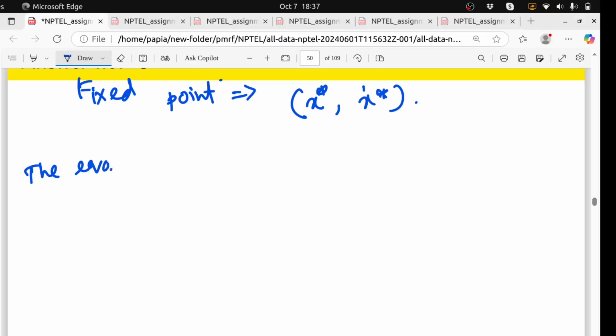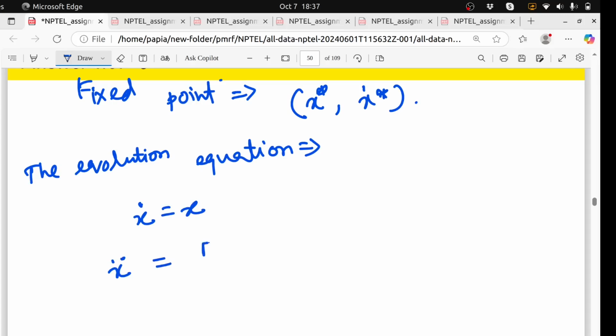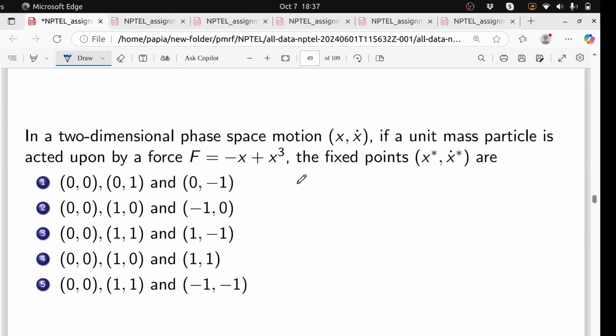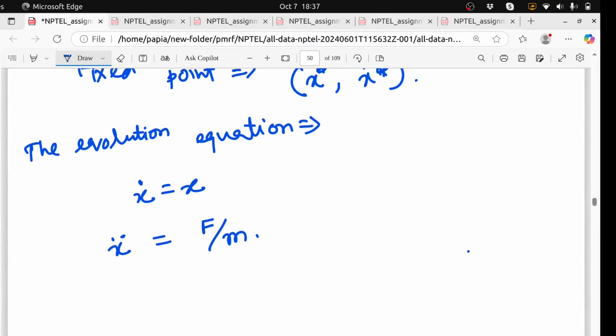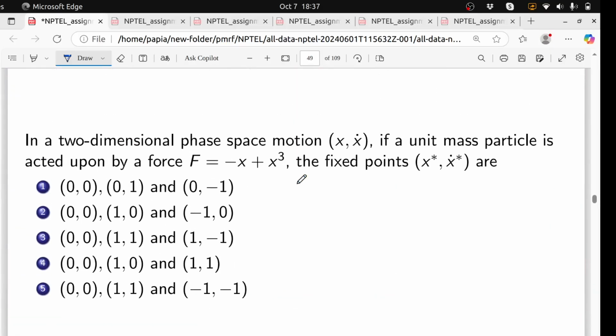The evolution equation is like that: x double dot equals f by m, and m is given as 1. So x double dot equals simply f. And what is f? F is minus x plus x cube.